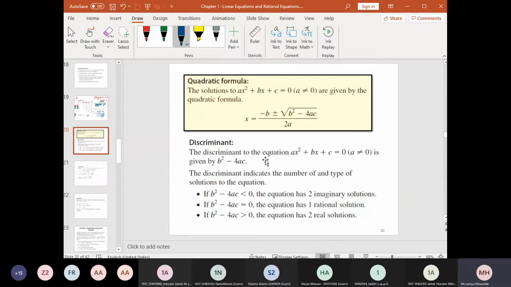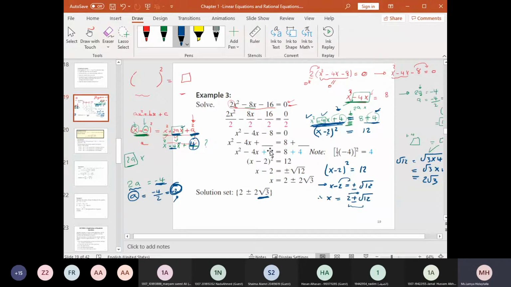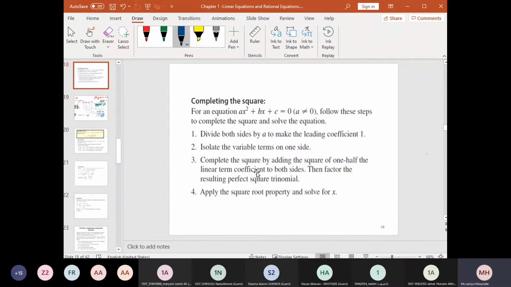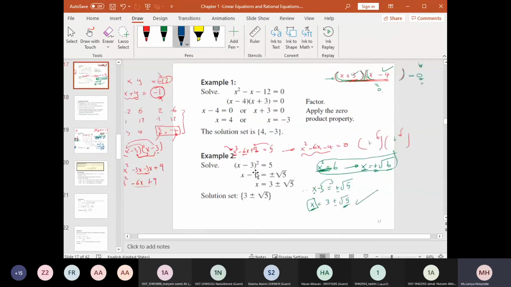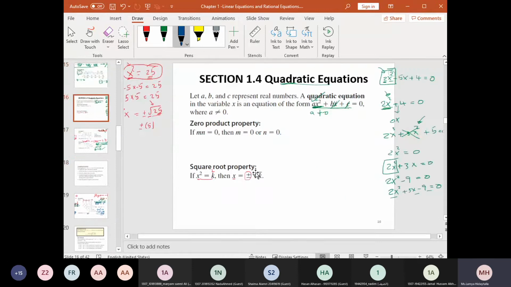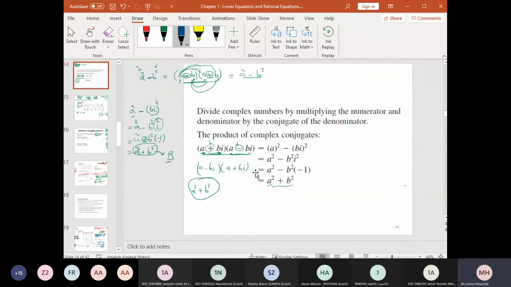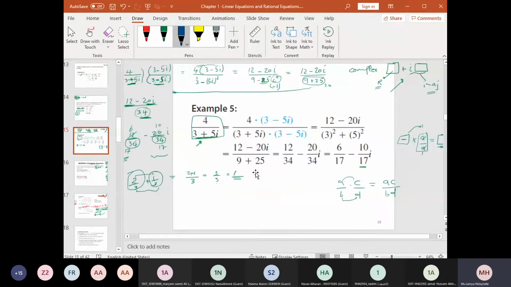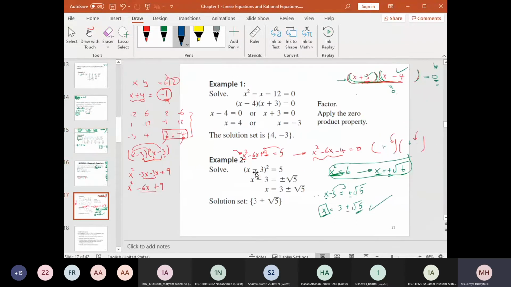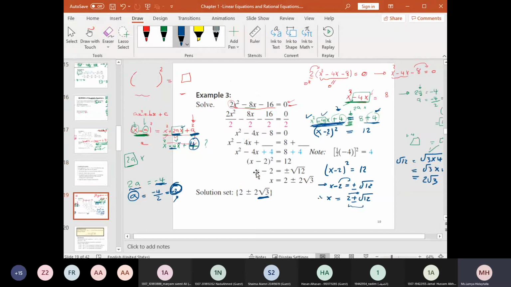Now we knew why we added 4. We said we want to solve this equation by completing the square. We want to solve it by completing the bracket. How do we do that? We want to have a complete bracket like this, because before, I don't remember in which slide, we knew how to solve this kind of equation, if we have something squared.